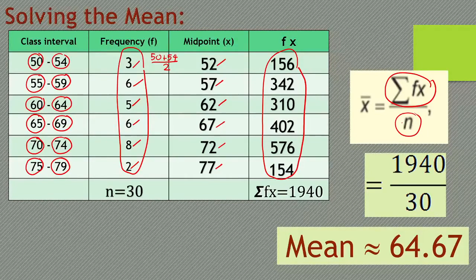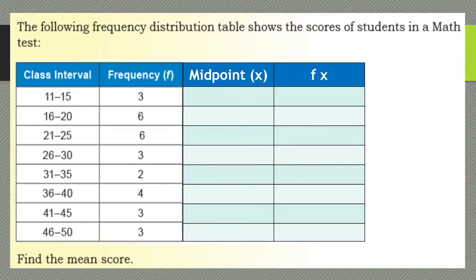Okay. Let's go to example number 3. Our last example for this morning. We have there the first midpoint. It's 13. 11 plus 15, 26 divided by 2, that's 13. What about the second midpoint? 18. That's 16 plus 20 is 36 divided by 2 is 18.